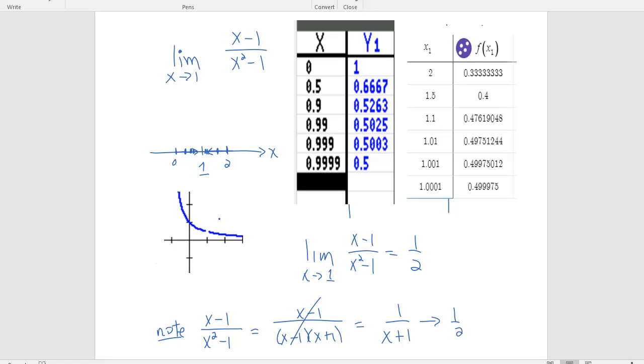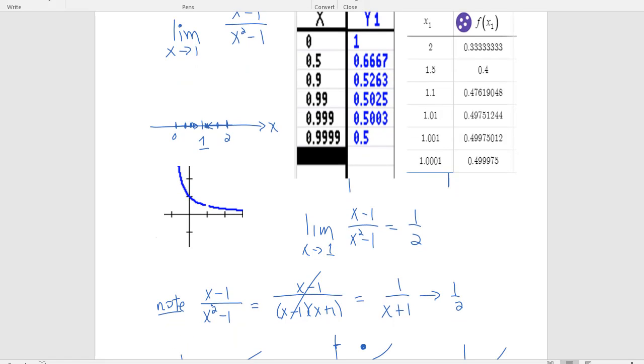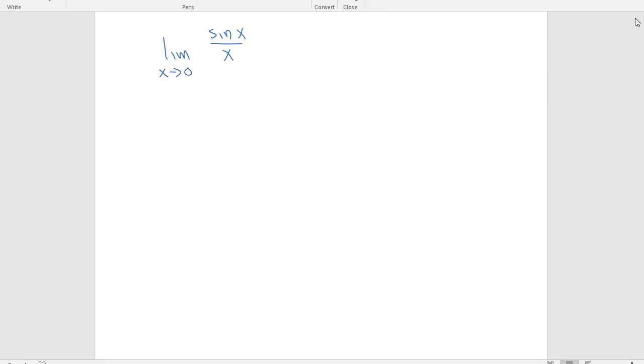I pointed out, in a little note down here, that in this expression we were able to simplify the function, and the division by 0 that we encountered would cancel out. And then we could plug in x equals 1 into this expression and see that limit of 1/2 that we were getting in the tables.